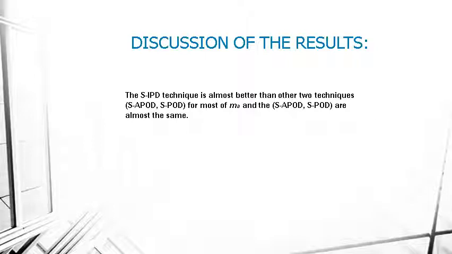From the total harmonic distortion point of view, from the figures, the SIBD technique is almost better than the other 2 techniques, SABOD and SBOD, for most of MA, and the SABOD and SBOD are almost the same.